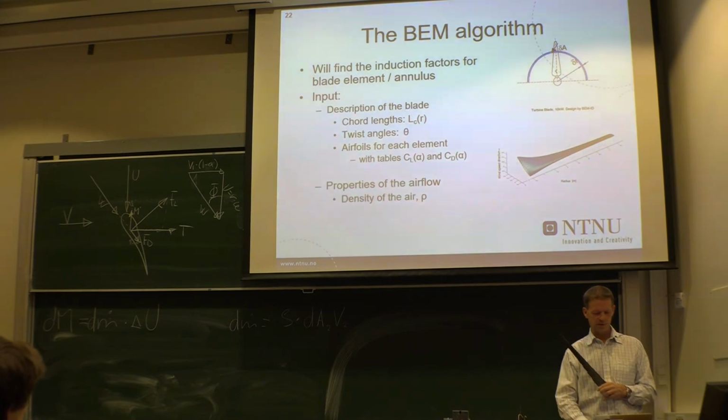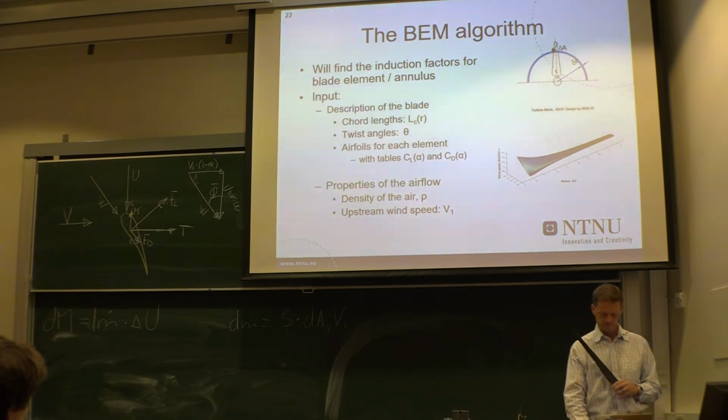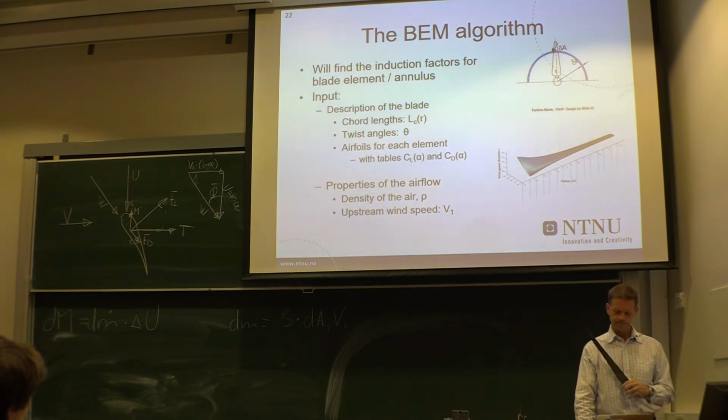You have the properties of the airflow, and you have the upstream wind speed. And you have chosen a rotational velocity. By choosing TSR, you have chosen a rotational velocity.